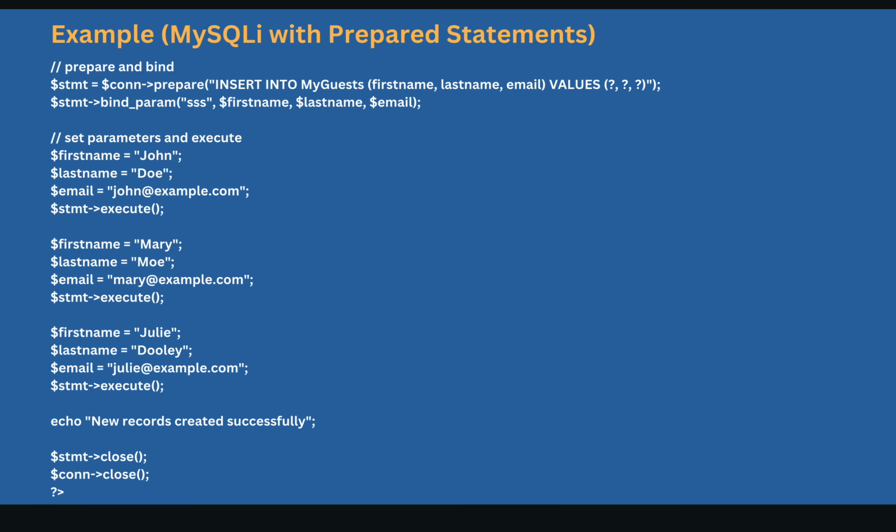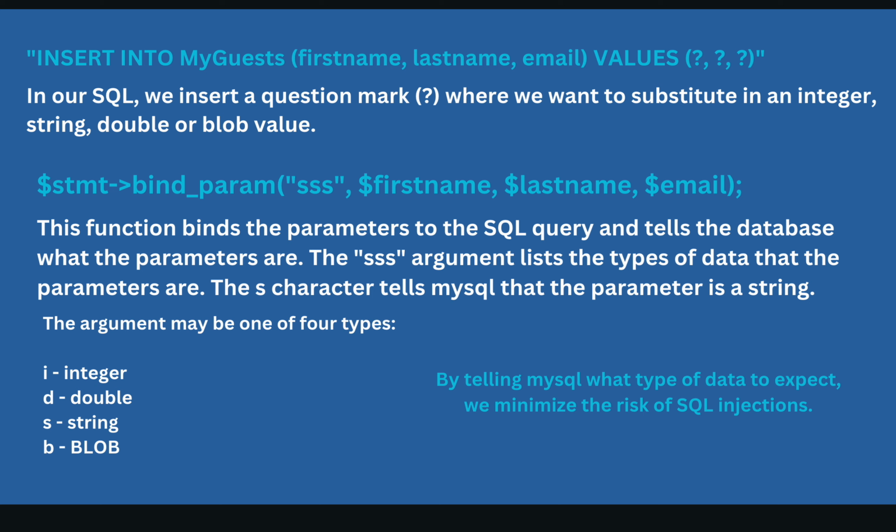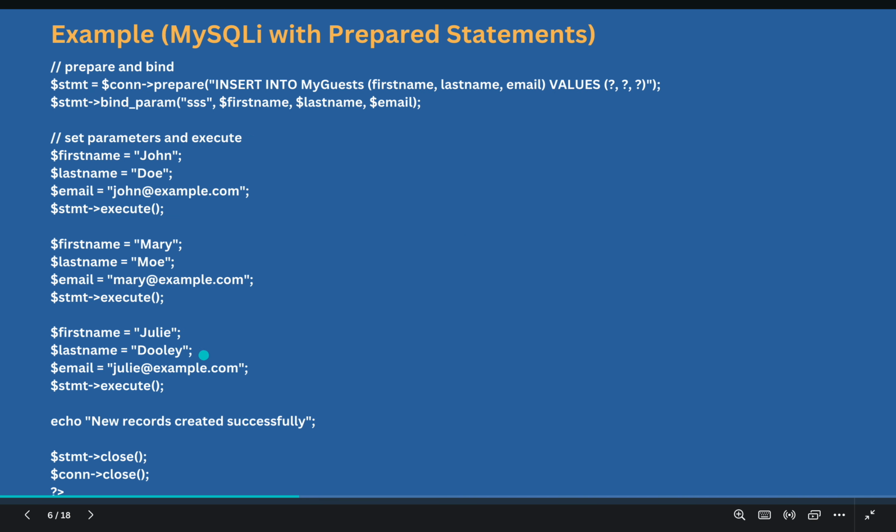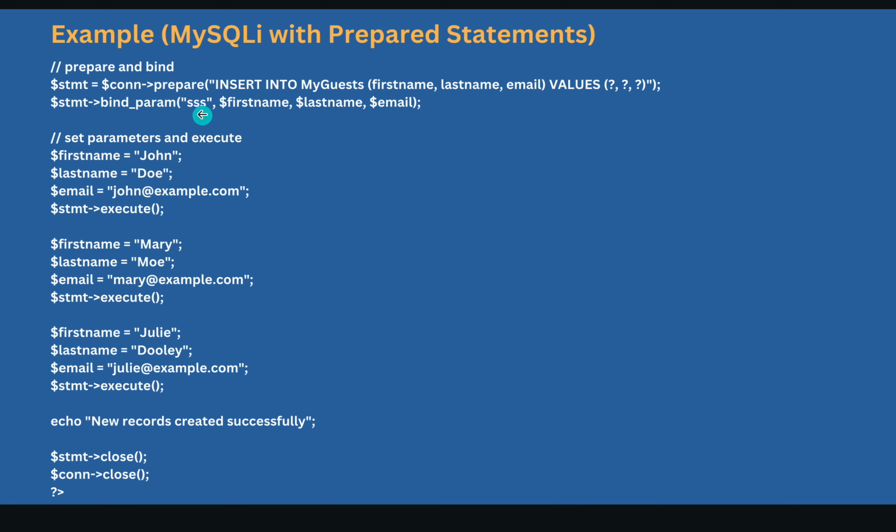So this is using prepared statement MySQLi. If you see in our SQL, we insert a question mark where we want to substitute an integer, string, double or blob value. What will the four types of values be? Here four types of values are possible, right?